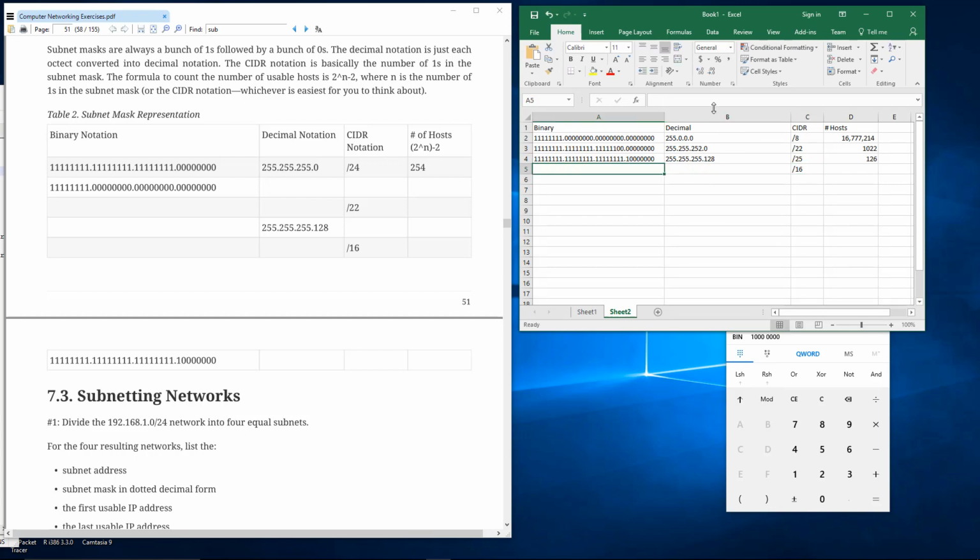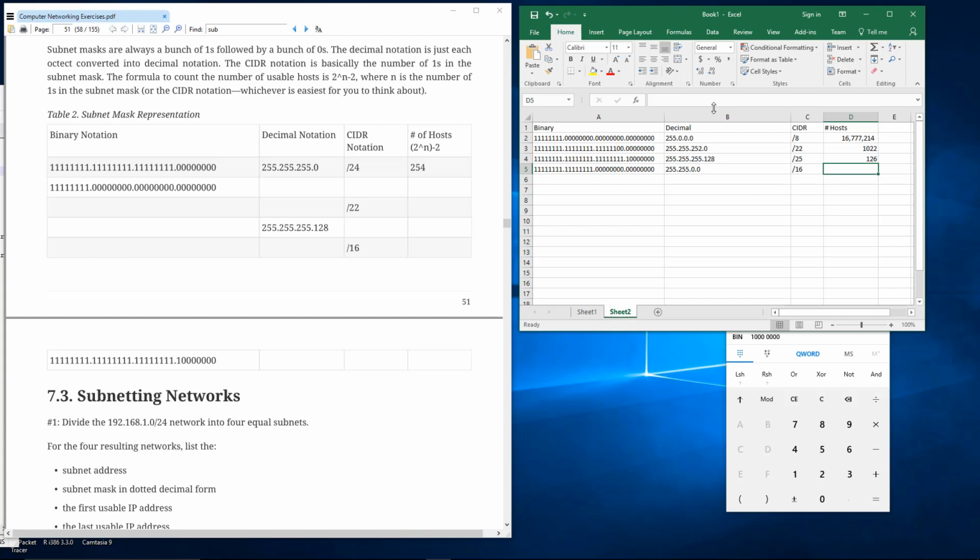Trying to record this. This one should be easy. We won't need a calculator for this part. 8, 9, 10, 11, 12, 13, 14, 15, 16. Fill the rest in with zeros. Okay, converting this to decimal, easy peasy. 255.255.0.0.